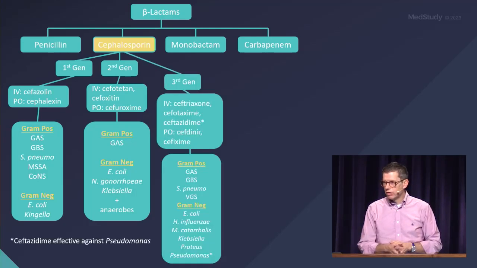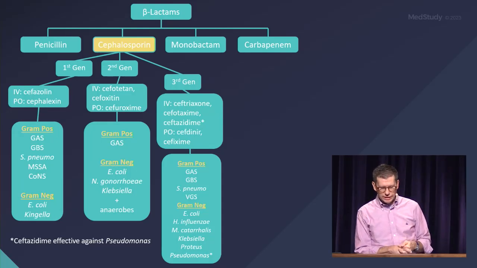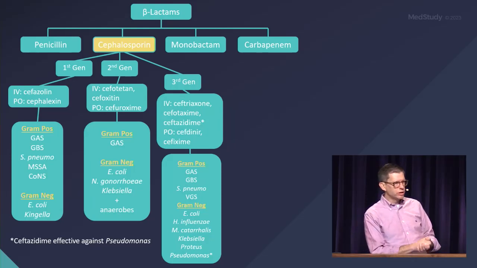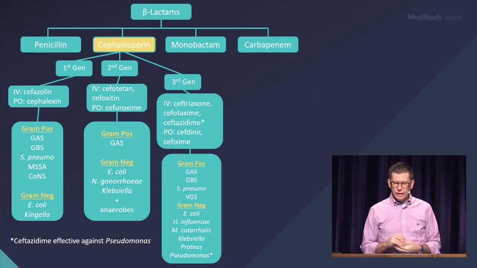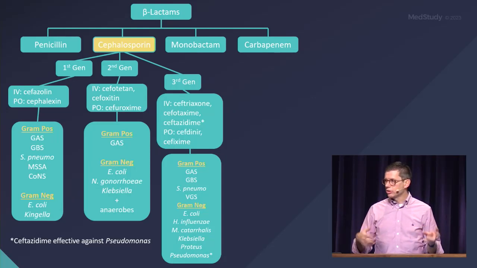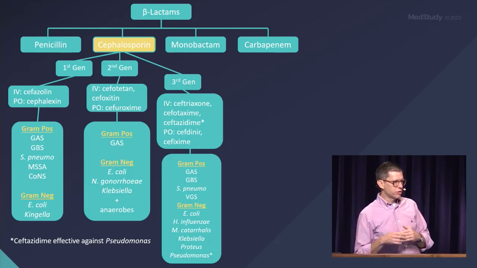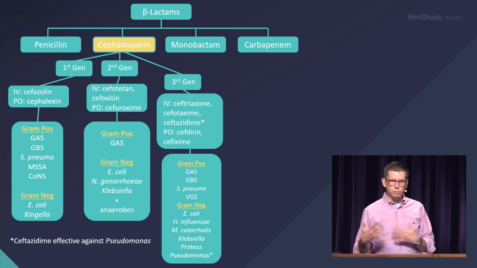Third generation, right, we're all very familiar with this, right? So especially ceftriaxone, where kids get a lot of that. And we use it a lot because it has really good gram-positive coverage, but also really good gram-negative coverage. When we think about the things you worry about in ambulatory pediatrics, third generation cephalosporins cover pretty much anything you're worried about, for the most part, right?